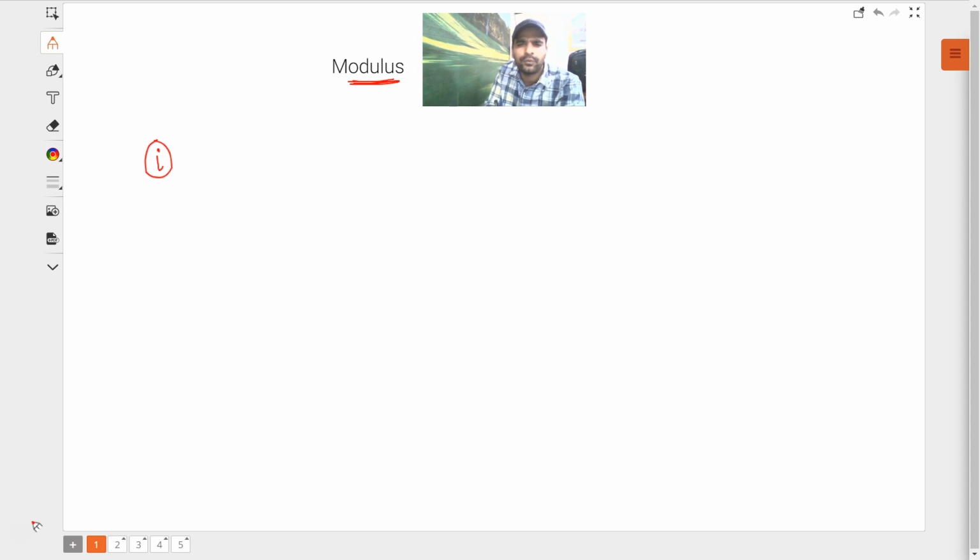So what do we mean by modulus? I told you guys, modulus is what we write with two bars, like this. Whatever I put in, whether positive or negative, the output always comes out to be positive.